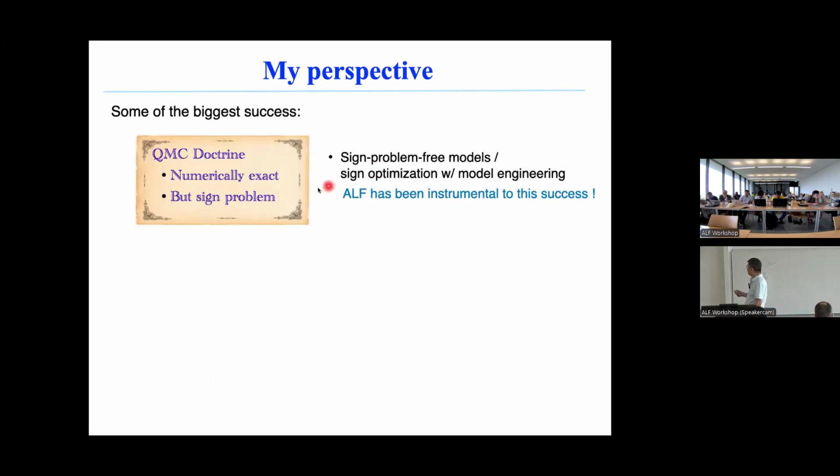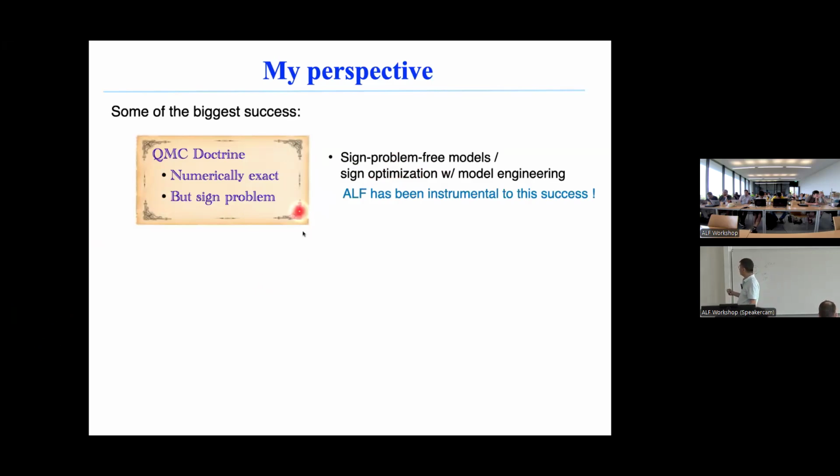So some of the biggest successes from QMC in condensed matter and beyond have come from sign problem-free models. You've heard examples. You just heard one from Peter. And dealing with the sign problem, sign optimization, model engineering, finding models that get around it or are sign problem-free, this has been tremendous.